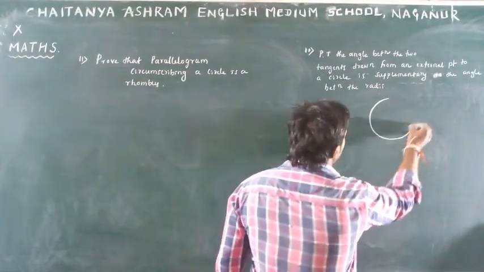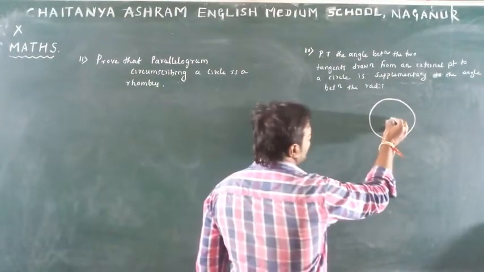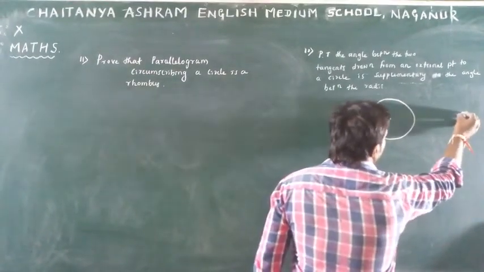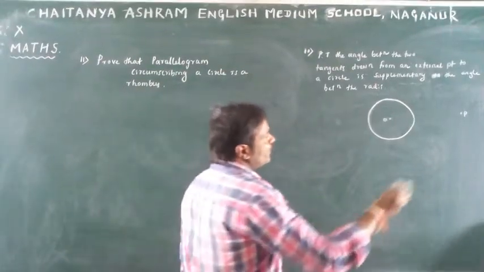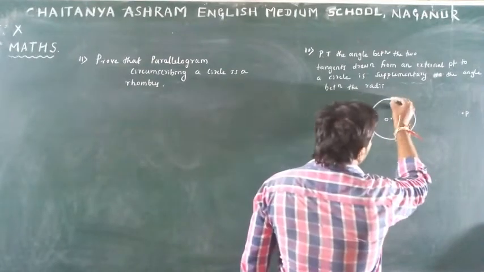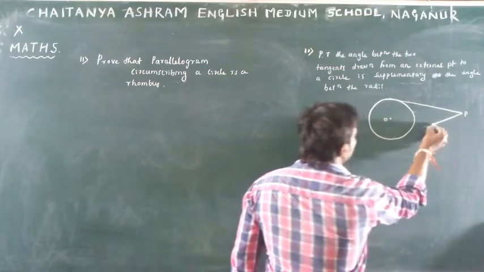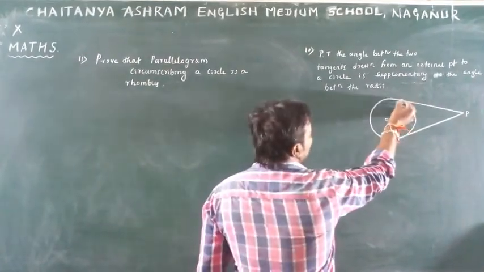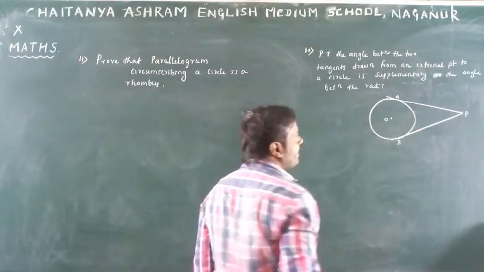We are given a circle with center O. Take a point P, which is an external point. There are two tangents from the external point to this circle. These are the two tangents to this circle from external point P. This touches at A, this touches at B.